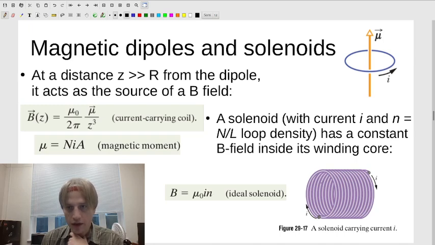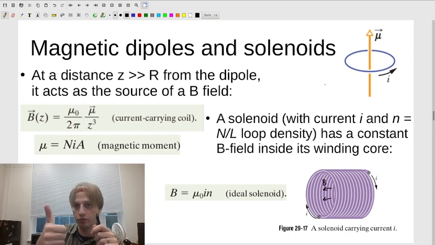So this one has the assumption that we can figure out what direction the magnetic field is in its core using the same sort of right-hand loop rule as we could use for the individual dipole.